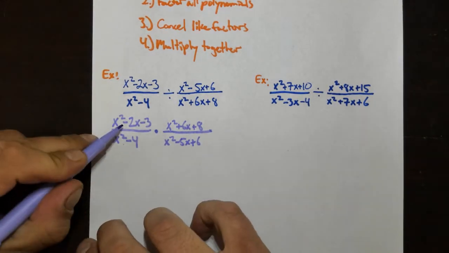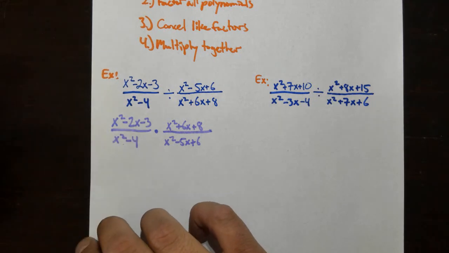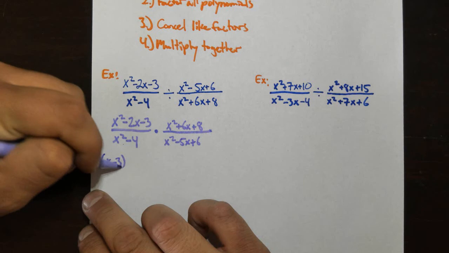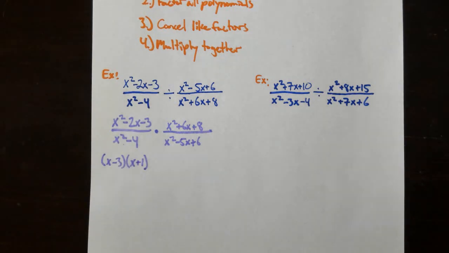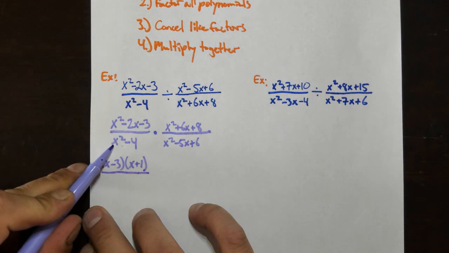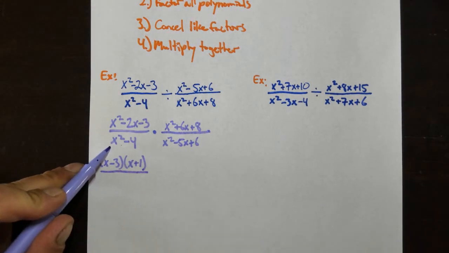So here, what two numbers add to -2 but multiply to -3? Well, that's going to be -3 and +1. So we're going to write this as x minus 3, x plus 1. And again, it doesn't matter which one you put first or which one you put second. And then we have this difference of squares down here, so we're just going to follow the rules of the difference of squares.